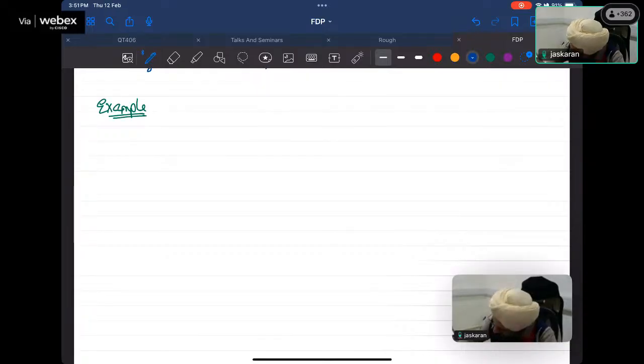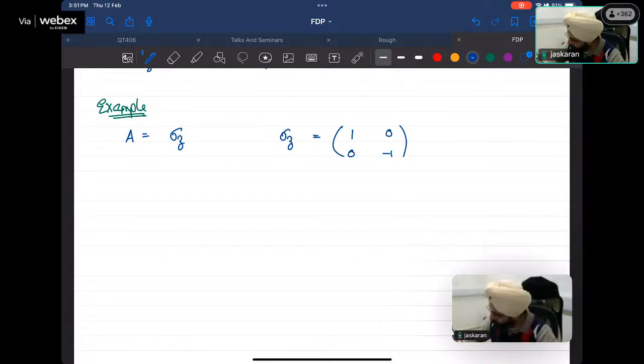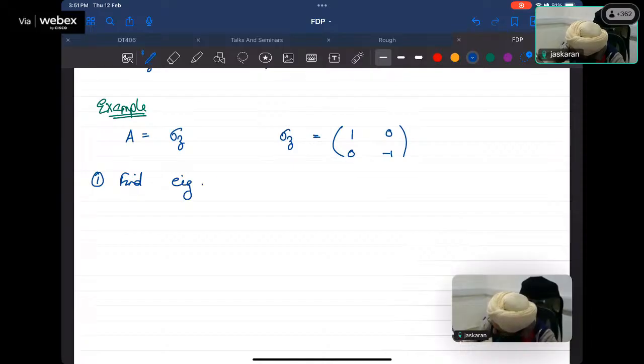Let's say the observable that I want to measure is sigma z, and I will just write it down. It looks like 1 0 0 minus 1. The first step is to find the eigenvectors and eigenvalues of sigma z.